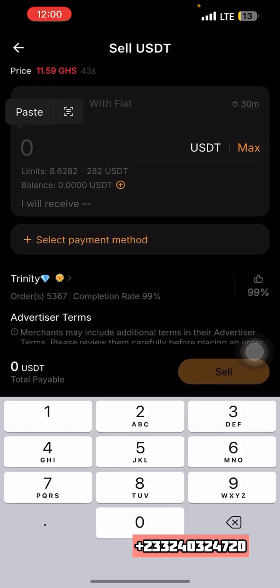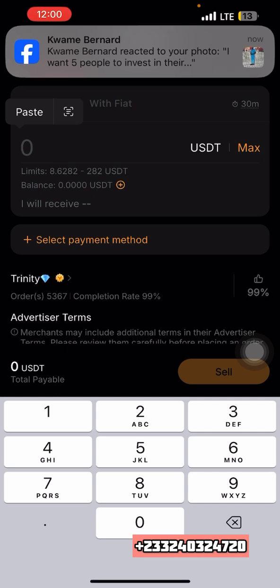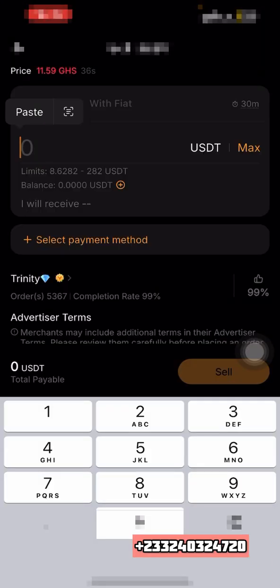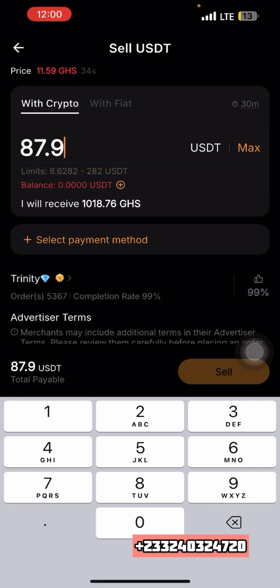So it was 87.93. If I'm trading with 87.93, I'll be getting 19 Ghana cedis as profit. And someone will be saying, oh, 19 Ghana cedis, but imagine 19 Ghana cedis times 10, it's 190 Ghana cedis.